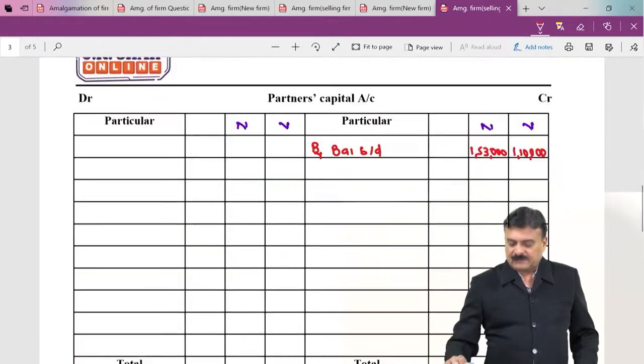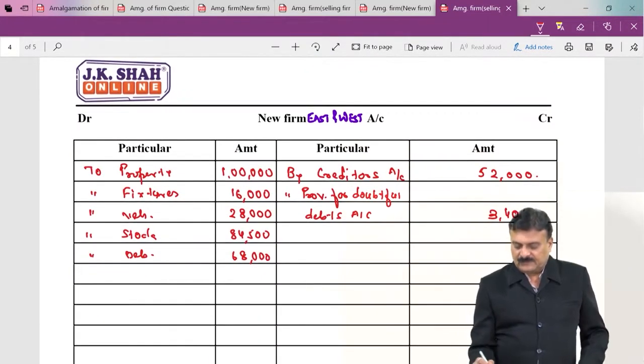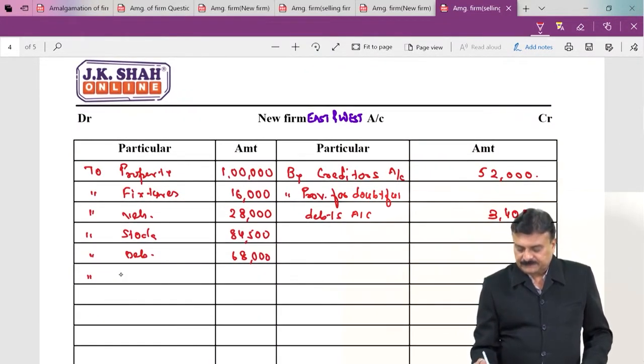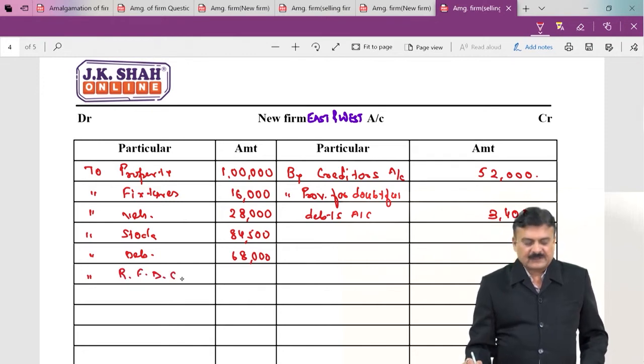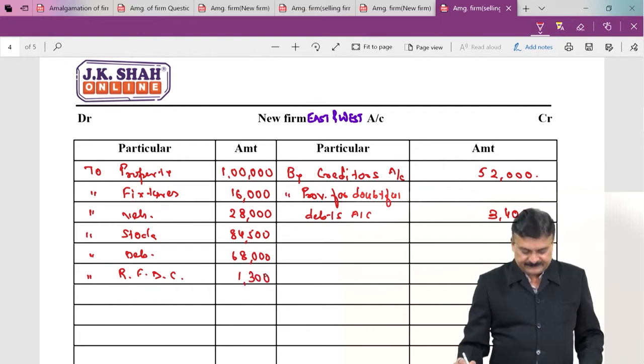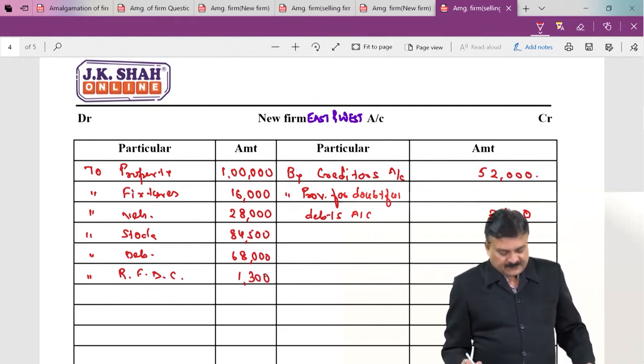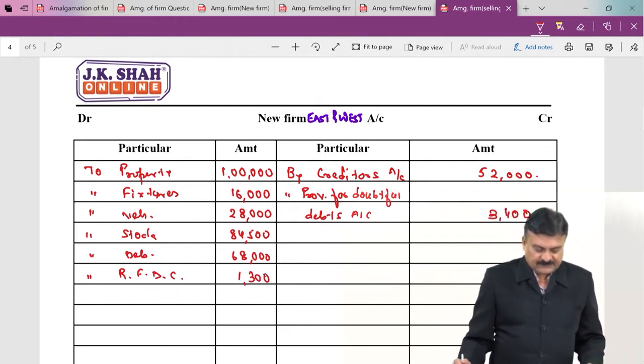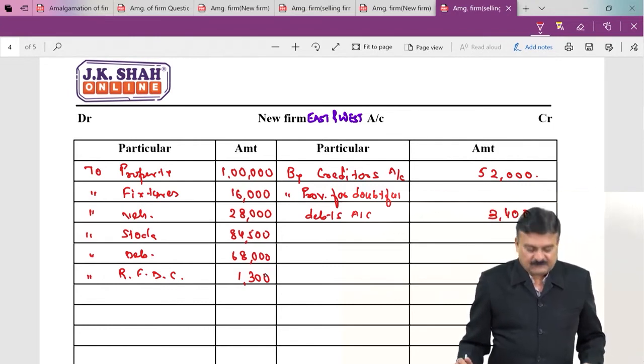Second effect of that will go to new firm debit side, to reserve for discount on creditors. My amount is 1,300. Continue. Second adjustment, East and West Company to take over old partnership assets at following values.